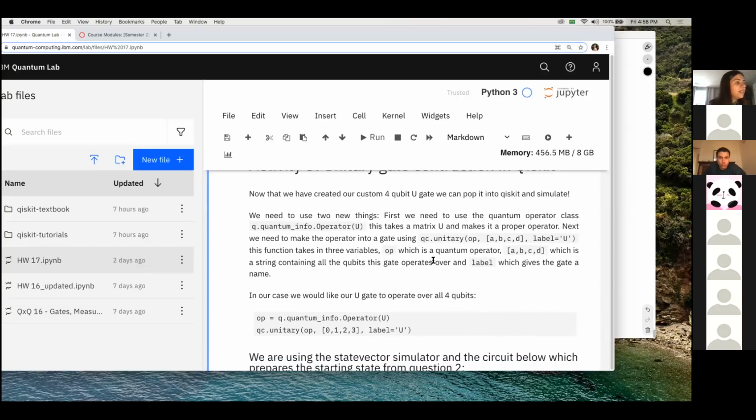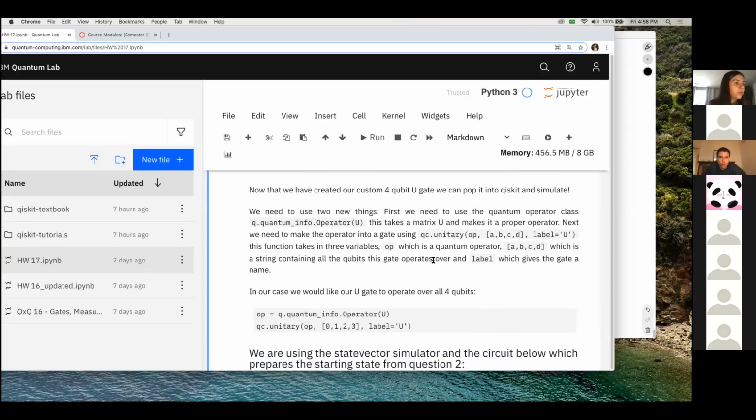Now that we have created a custom 4-qubit gate, U-gate, we can pop it into QxQ and simulate. We need to use 2 new things. First, we need to use the quantum operator class q.quantuminfo.operator U. It's given, it's what you're gonna call.